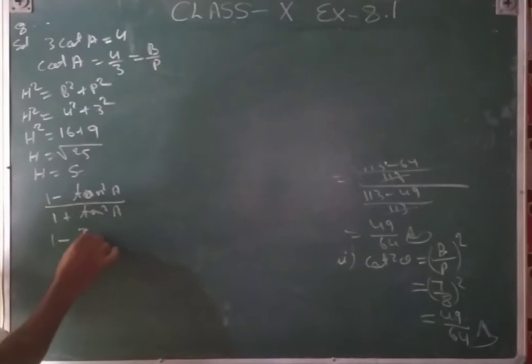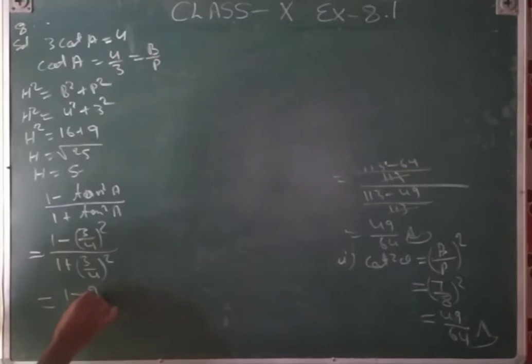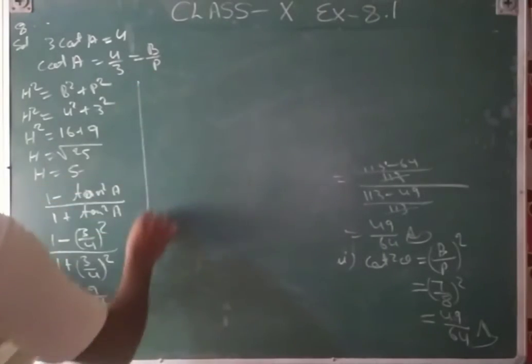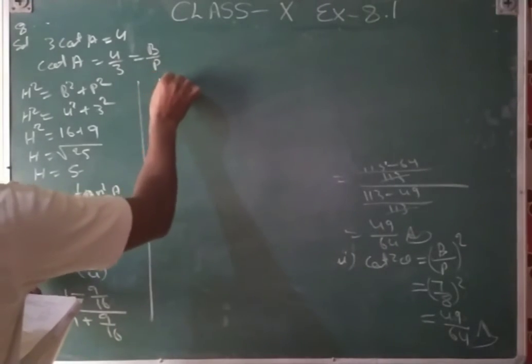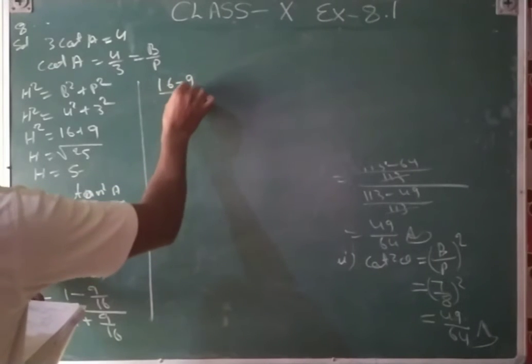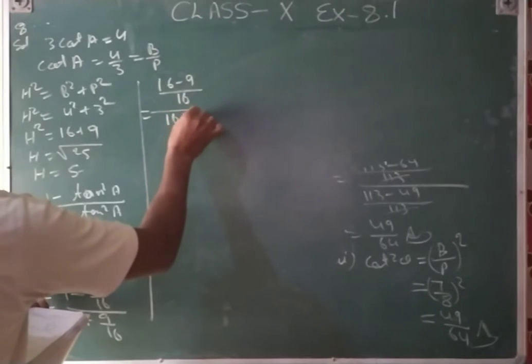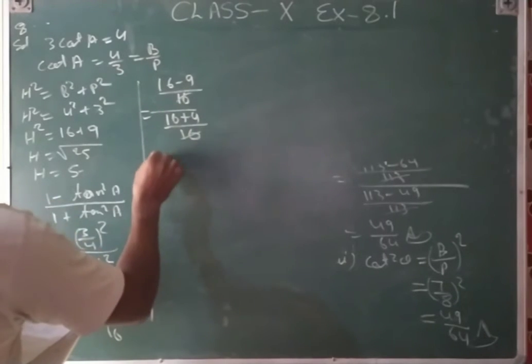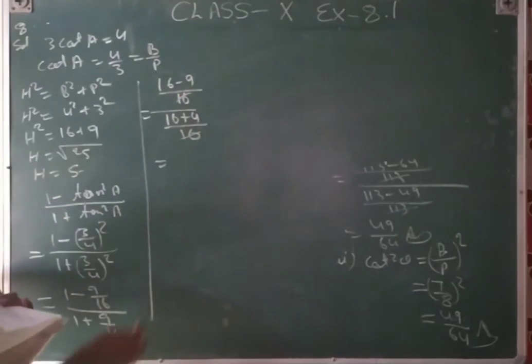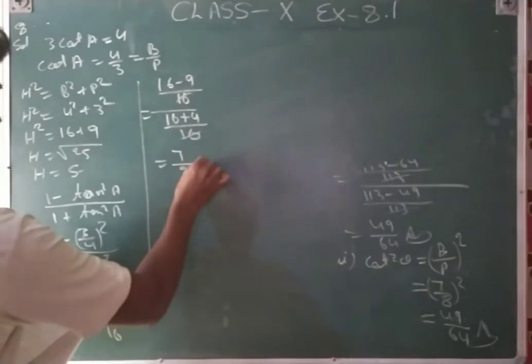So that will be 3 upon 4 square, and then 1 plus 3 upon 4 square. Similarly it will become 1 minus 9 upon 16 upon 1 plus 9 upon 16. So by the LCM, that will be 16 minus 9 upon 16, and then 16 plus 9 upon 16, 16 cancelled by 16. So 16 less 9, that will be 7, and that will be 25.